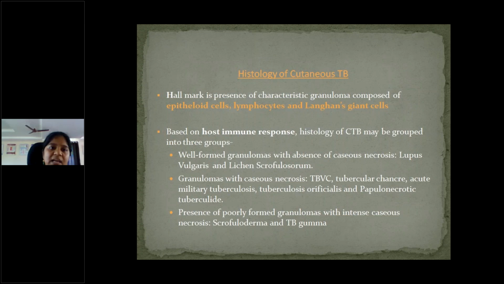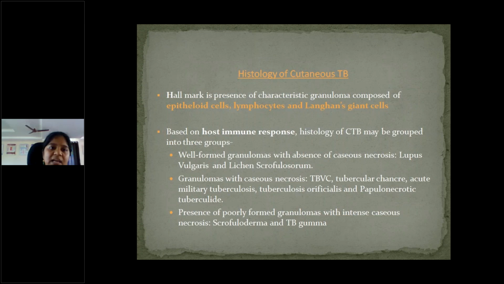So well-formed granulomas with absence of necrosis are seen in lupus vulgaris and lichen scrofulosorum, where immunity is good. Granulomas with caseous necrosis are seen in tuberculosis verrucosa cutis, tuberculous chancre, acute miliary tuberculosis, orificial tuberculosis, and papulonecrotic tuberculid, where immunity is bad. Poorly formed granulomas are seen in scrofuloderma, where an underlying condition is spreading superficially, that is scrofuloderma and gumma.